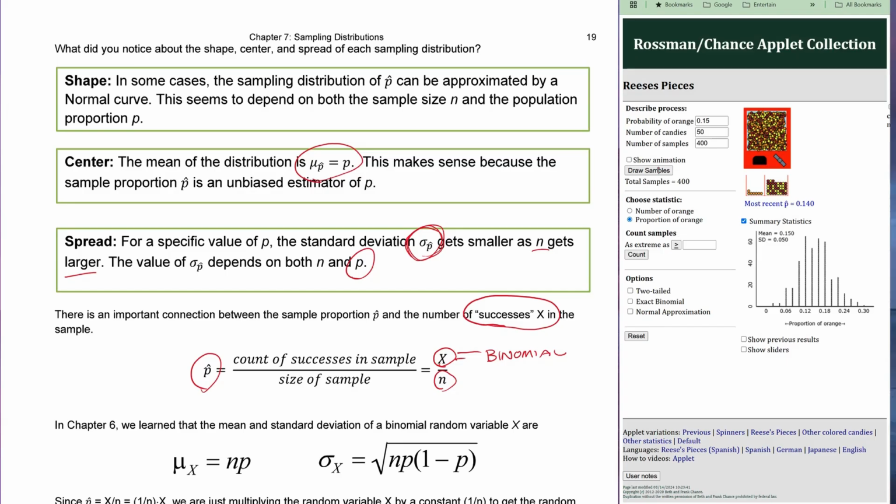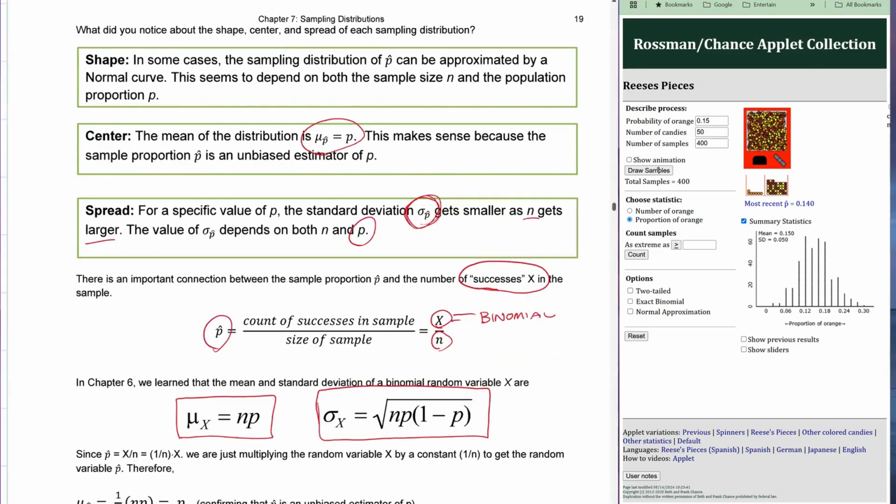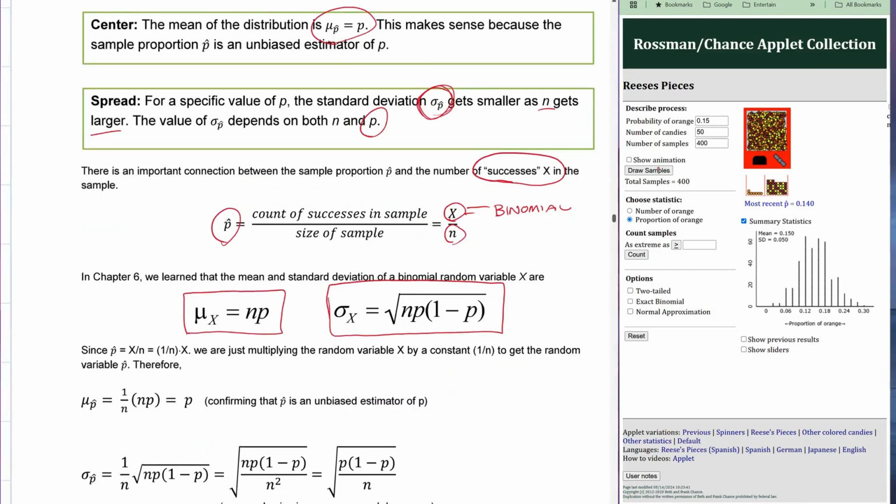If that's the case for a binomial random variable, we know that the mean of the binomial random variable is n times p. We know that the standard deviation of a binomial random variable is the square root of n times p times 1 minus p. Now, if I do a linear transform, like we talked about in the previous chapter, by dividing everything by n, we are saying that p hat is x divided by n.